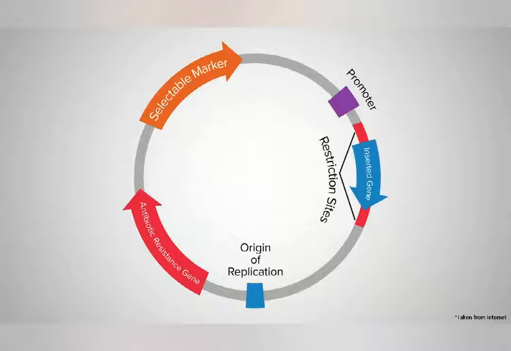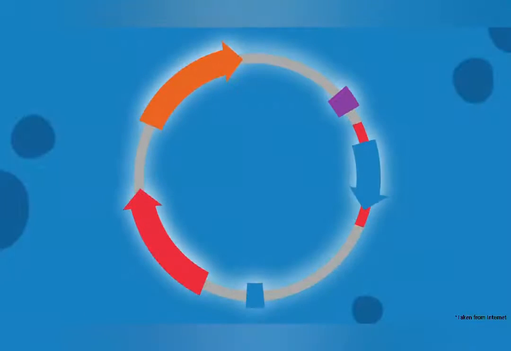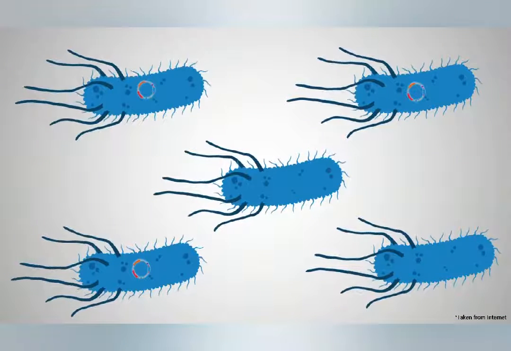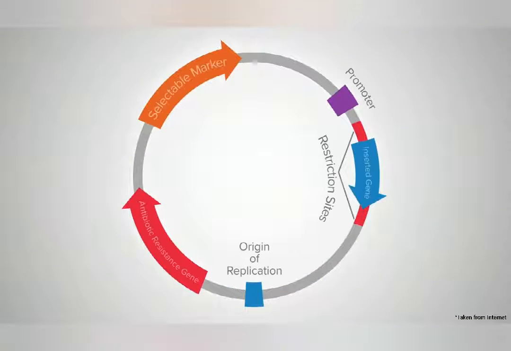All plasmids contain an origin of replication. It tells the plasmid where to begin replication. Plasmids often contain genes that are advantageous for survival. One of the most common naturally occurring types of genes is antibiotic resistance, such as the ampicillin-resistant gene. These antibiotic-resistant genes help scientists separate out cells that contain plasmids from those they don't.